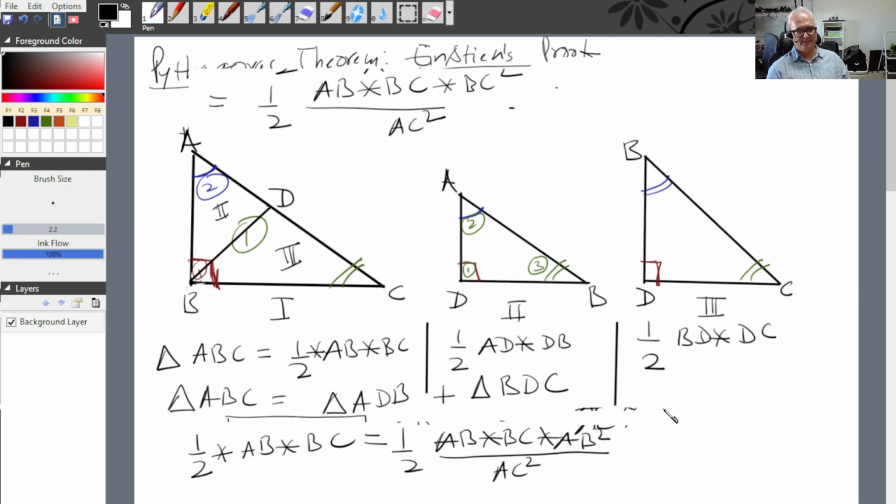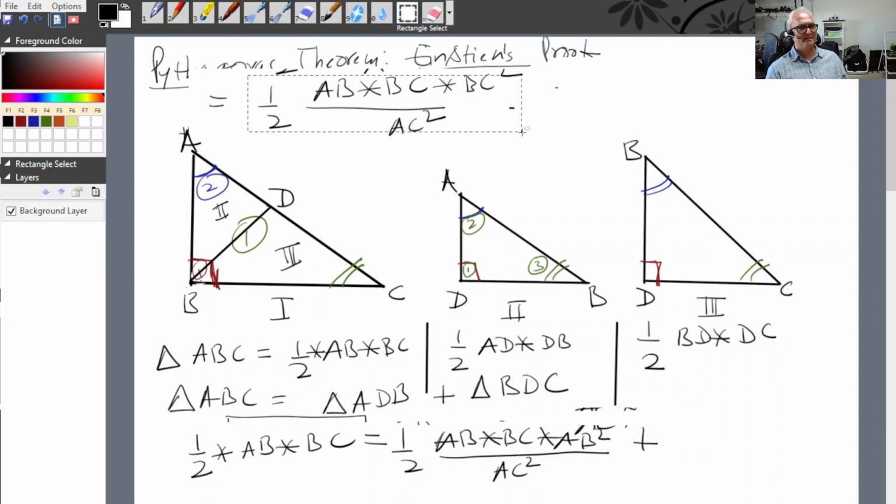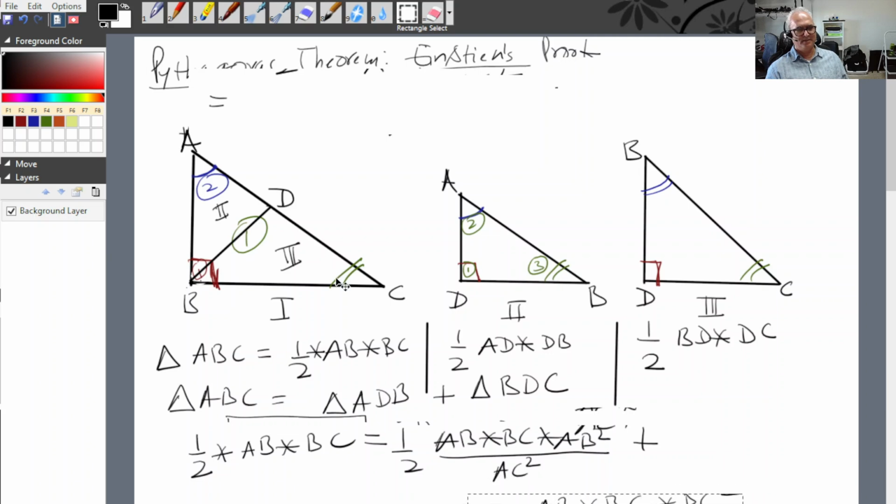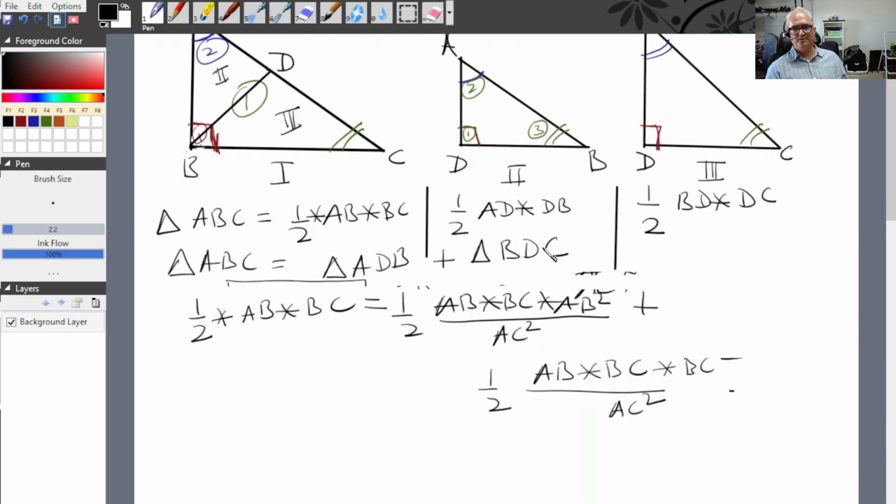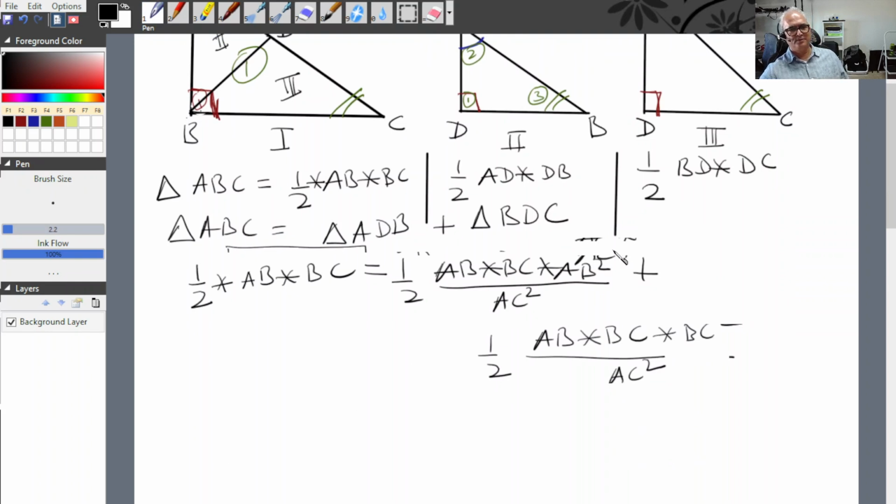And triangle 3. Okay. So this is the area of the whole triangle, perpendicular, base, adjacent.